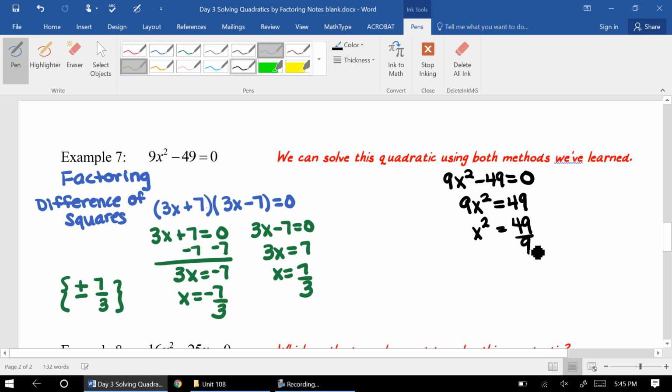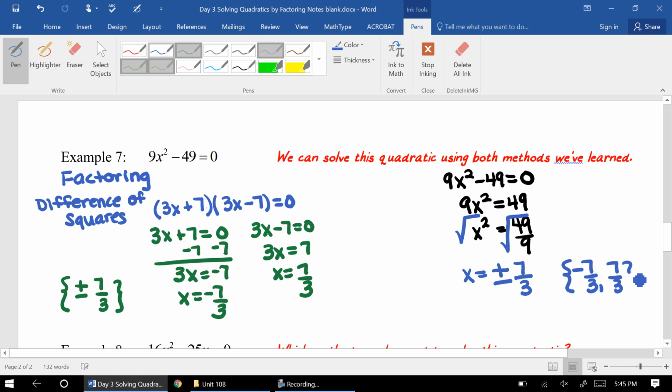And then finally taking the square root of both sides. So I have x equals, and don't forget the plus or minus, 7/3. You can see that I have the same answer, and you can write them together or you can write them separately. It doesn't make any difference. So two choices, two different ways that you can solve this particular problem.